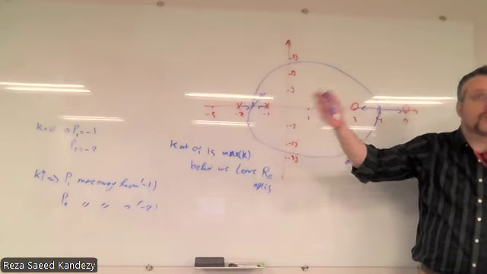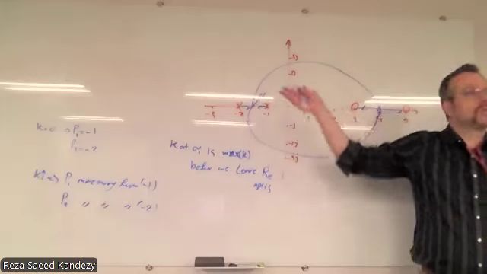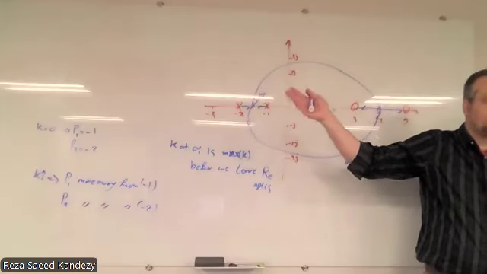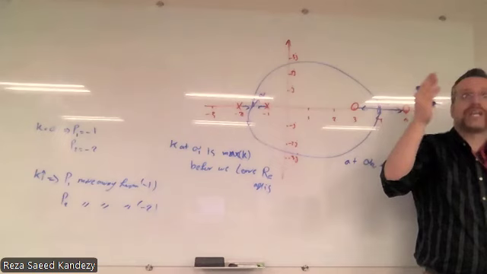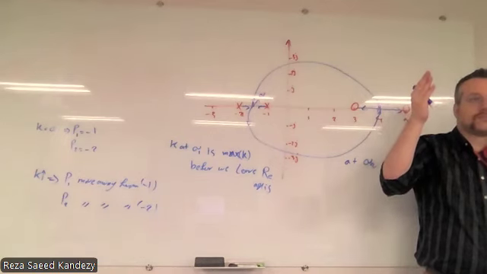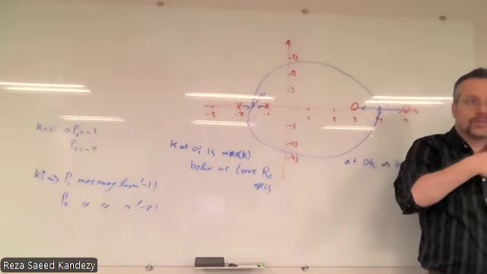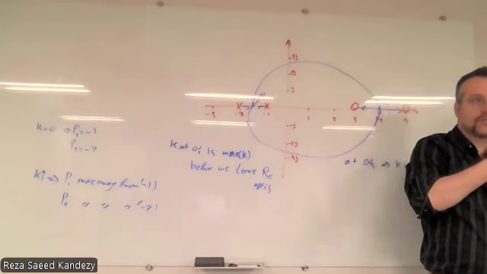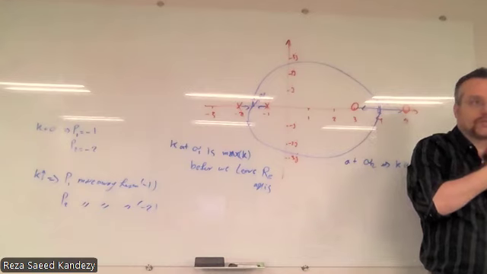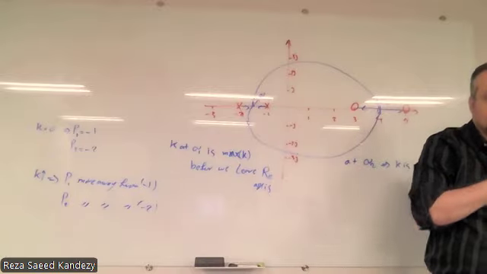Are we good? I don't want to say global because I don't know what's happening, but definitely they are local min and max. Is that clear? Do you remember that from algebra or calculus? If you have any question, let me know. No? Okay.